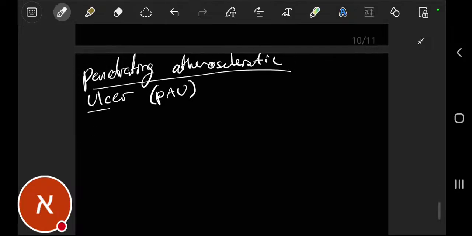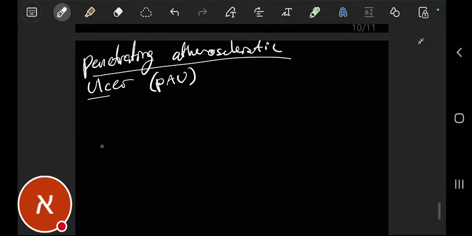When we are talking about penetrating atherosclerotic ulcer, again we will talk about the aorta with its wall.